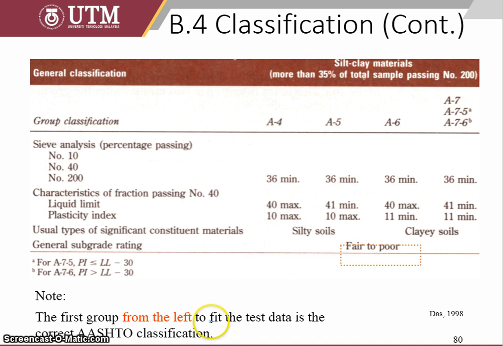The one that fits the table is the correct H2 classification. The one that fits all the data from the Atterberg limit and the sieve test in the H2 table becomes the soil type.